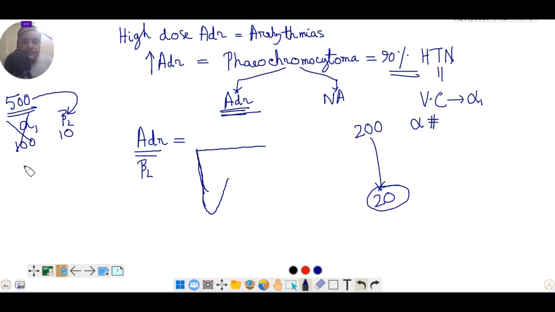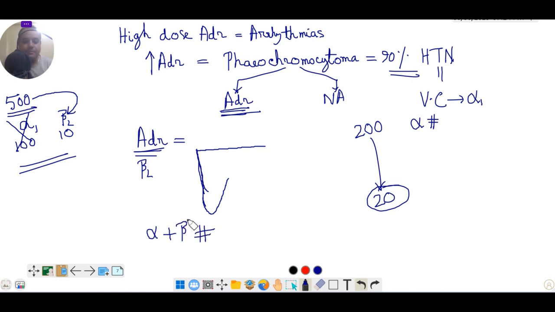So this is where the clinical application of vasomotor reversal is there in cases of pheochromocytoma patients. So what to do in these kinds of patients? Suppose the BP is high, so what is the way to counteract this increased BP? The way to counteract this increased BP is you can give the patient an alpha as well as a beta blocker.